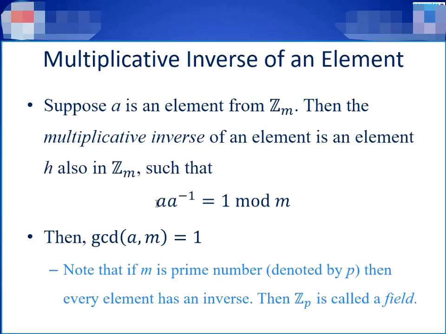But the point is that an element can have a multiplicative inverse if and only if this element has a greatest common divisor equal to 1 with the modulus with respect to which we are doing our calculations. In this case, these numbers a and m are called relatively prime numbers.